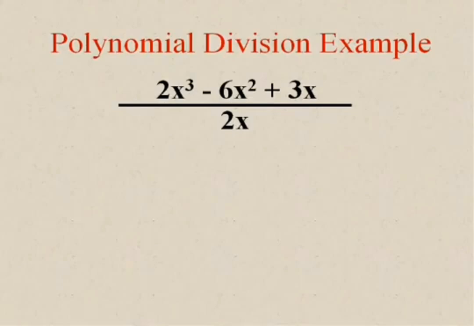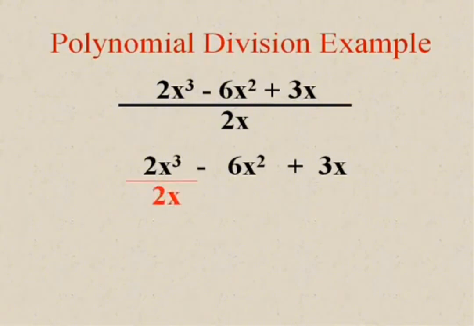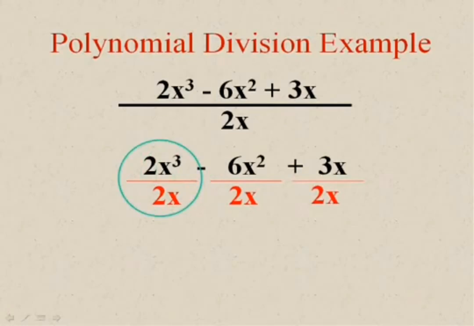Let's try one more. I want you to understand that this is going to become 3 little problems. Let's try it. In this part of it, the 2's cancel, and x to the third divided by x to the, remember, 1st is just x to the 2nd.